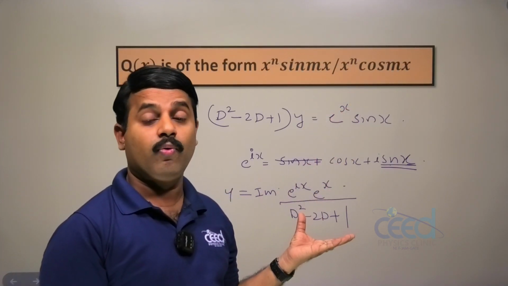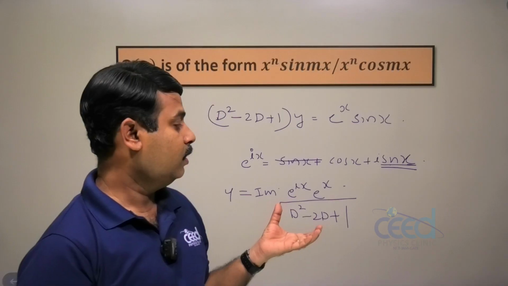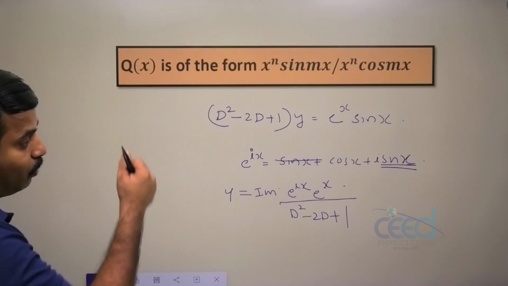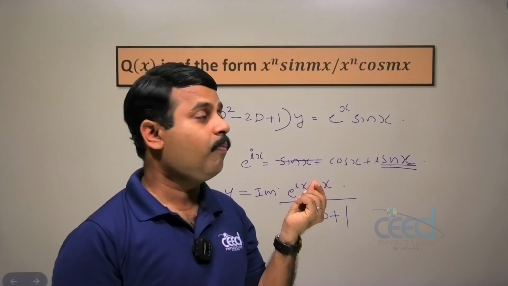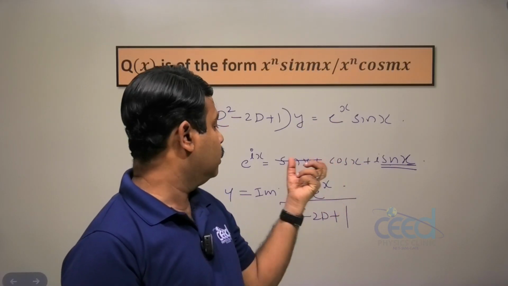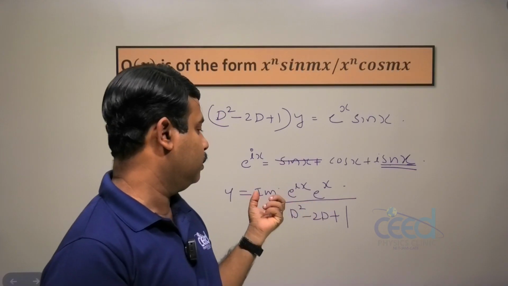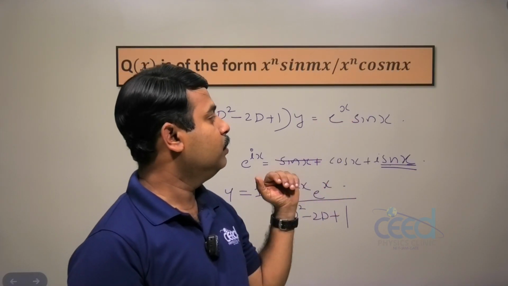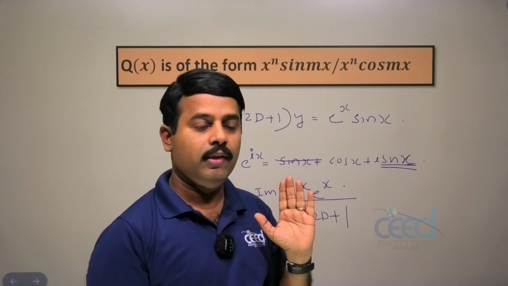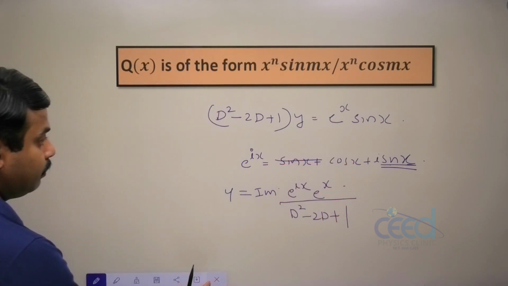This is the method we are going to practice here. If it is cos x, then you write the real part of e raised to ix into e raised to x, and then we solve.